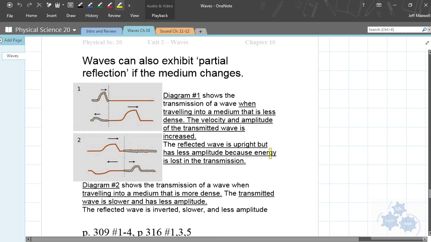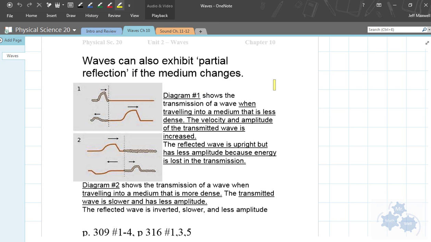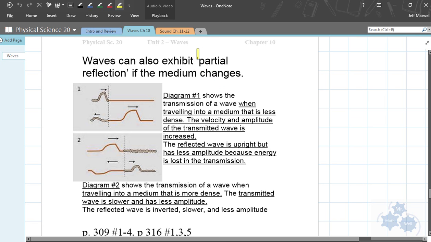Okay. So when we talk about this spring yesterday, the slinky and the yarn, the string, this is what we're talking about when we talk about waves exhibiting partial reflection. If the medium is different, so the medium is what the wave is traveling in.